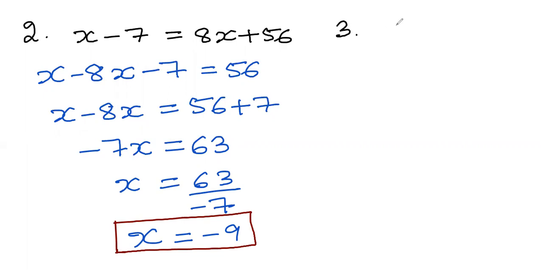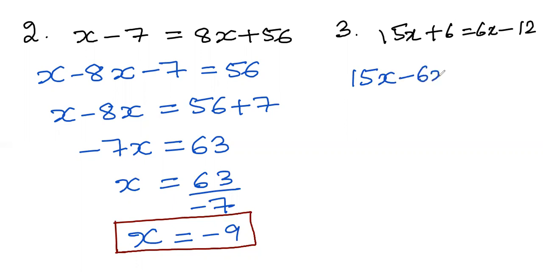So question 3. Again, we have 15x on this side. I will retain it as it is. And plus 6x, when it comes over here, will be minus 6x.